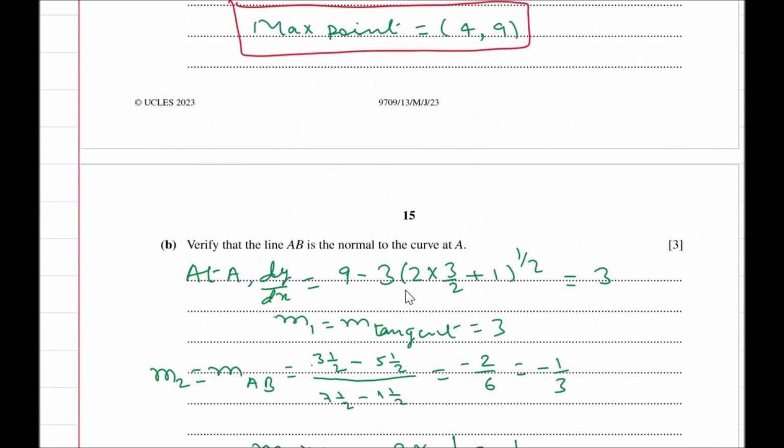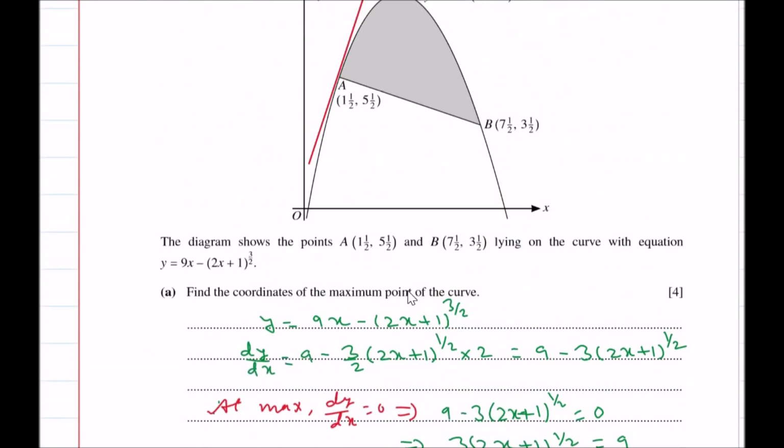Now, the last part of the question. Find the area of the shaded region. So, to find the area of the shaded region, let's go to the diagram. Understand this diagram? We can divide this diagram this way.